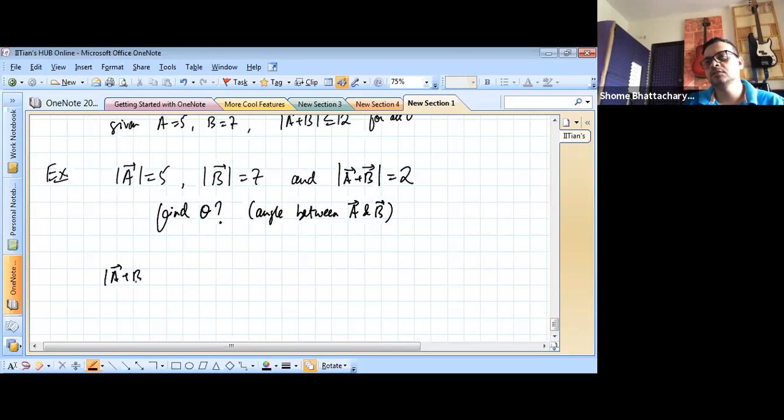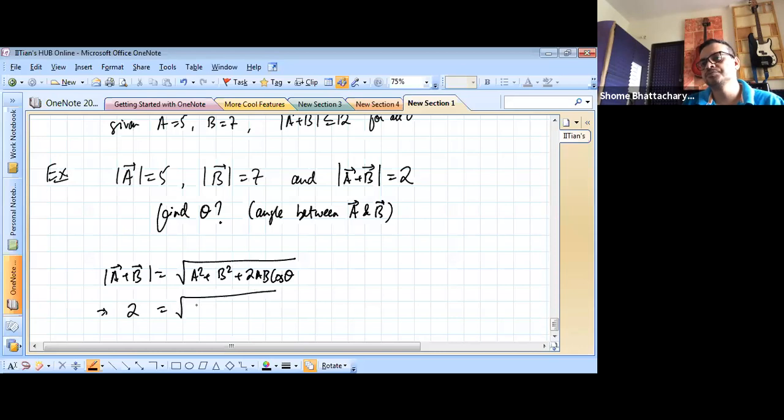Magnitude of A plus B is root of A square plus B square plus 2AB cos theta. Here magnitude of A plus B is given to us as 2, so 2 equals root of 5 square plus 7 square plus 2 times 5 times 7 into cos theta.